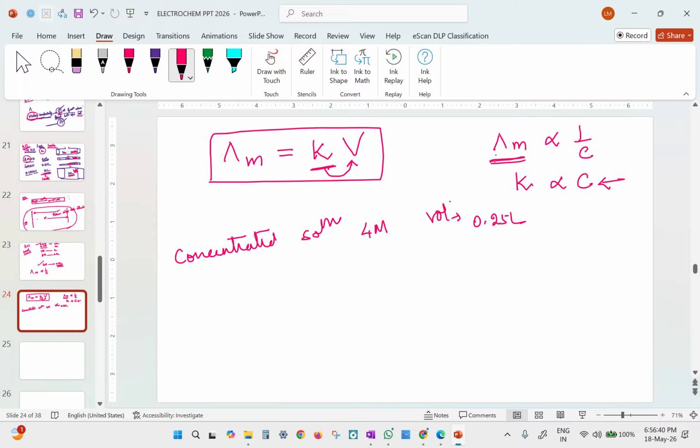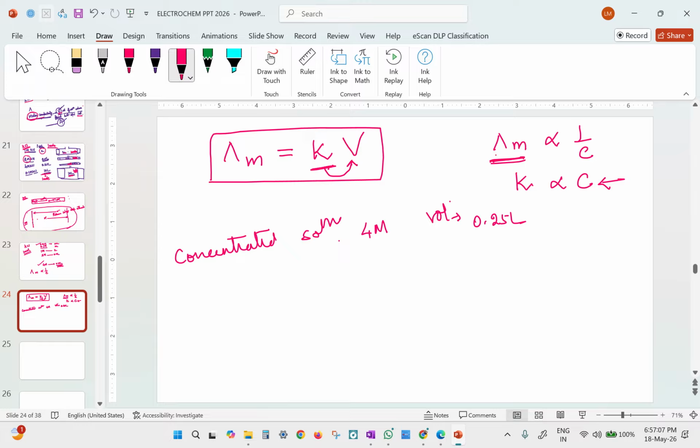Lambda m is the conductivity offered by 1 mole of electrolyte present in V volume of solution. If the solution is concentrated, you take less volume. If the solution is dilute, you take more volume. More volume will offer me 1 mole. Is that clear? Yes, ma'am.